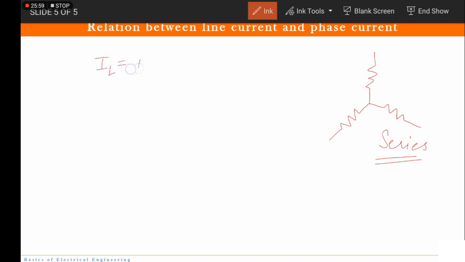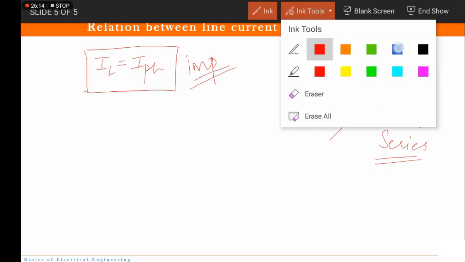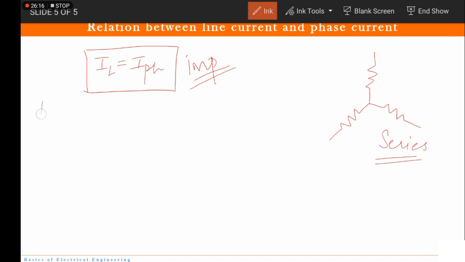It means in this connection line current and phase current are same. Important.